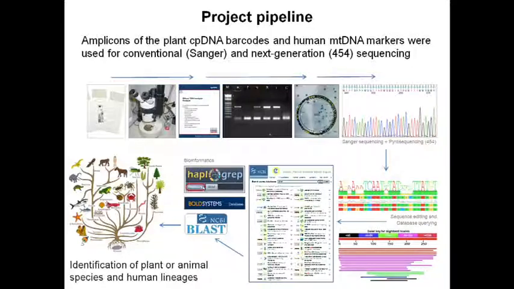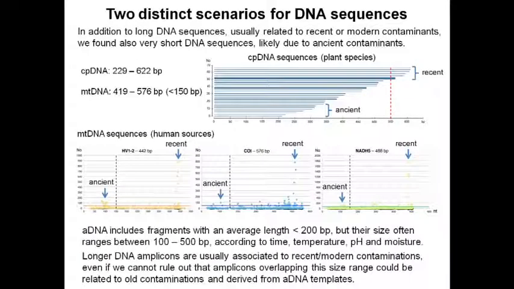After sequence editing and database querying, a number of bioinformatic tools were used for the genetic identification of plant and animal species, and also for their quantification. This is an important part.